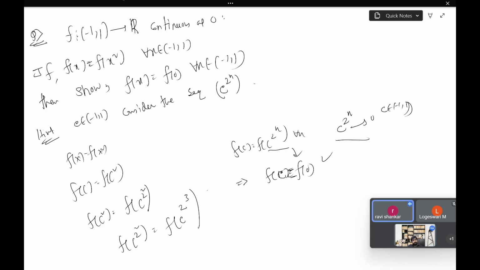For minus 1 to 1 only, in that range, if the function is defined on that range only. Yes, sir, it was a good question.